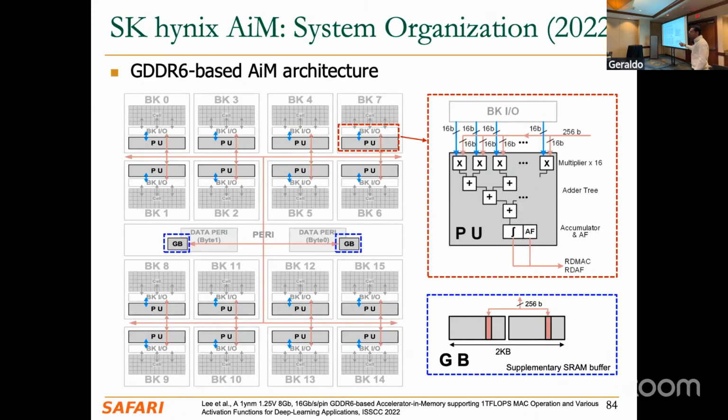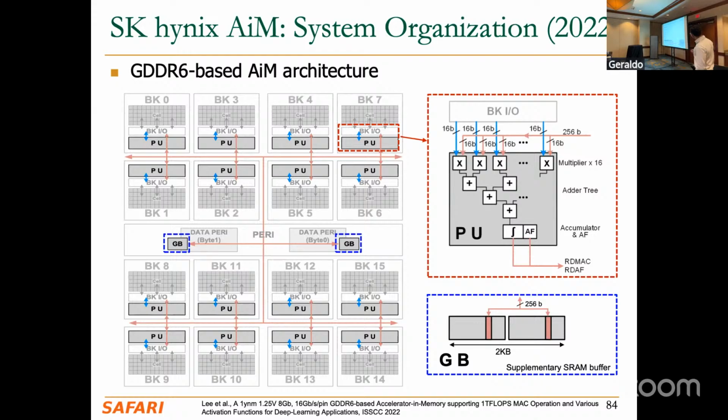Since all of this is to do matrix vector multiplication, the hardware of the engine itself is not that different. They have a DRAM bank, and then some multipliers and an adder tree to do MAC operations. What is different from the Samsung one is that they have activation functions inside the accelerator itself, to do the full inference.